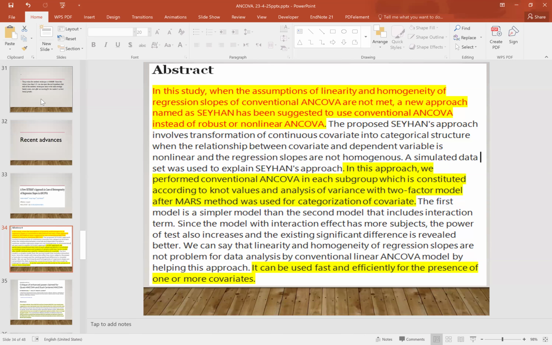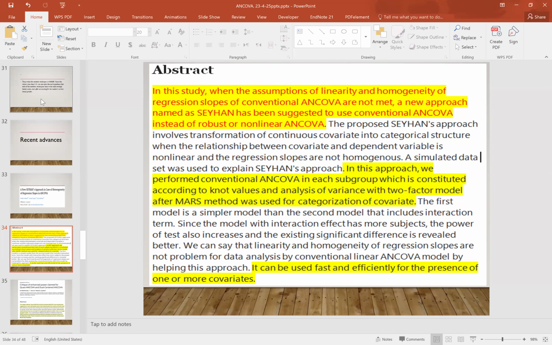The proposed approach involves the transformation of the continuous covariate into a categorical structure where the relationship between the covariate and dependent variable is non-linear and the regression slopes are not homogeneous.